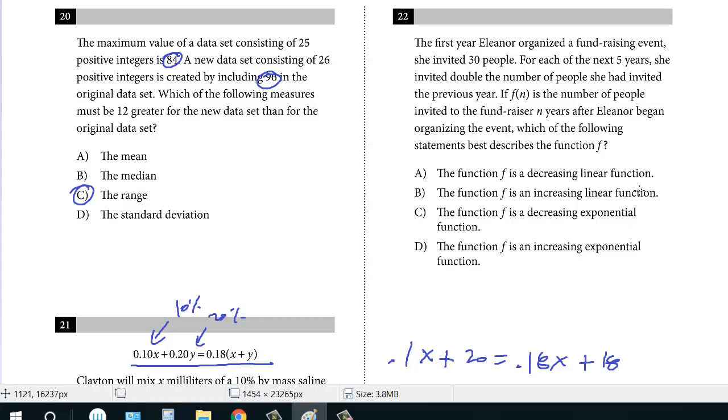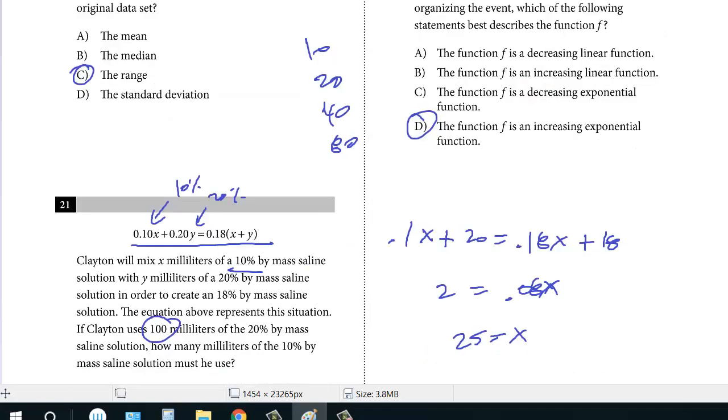And we know if it's linear, it has to be a consistent increase or change each period. This is obviously not consistent because she's doubling the number of people she invites every year. And so if you think about it, let's say she invited 10 the first year, and then it'd be 20, and then it'd be 40, and then you see that this is certainly not linear. It's increasing at a much faster rate because it's doubling. And so this is exponential and it's increasing. So a pretty straightforward question for number 22. The answer is D.